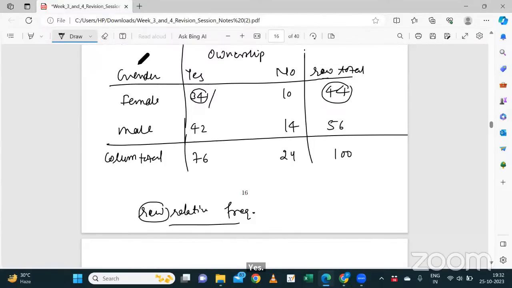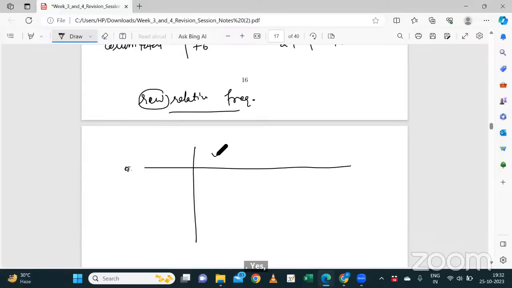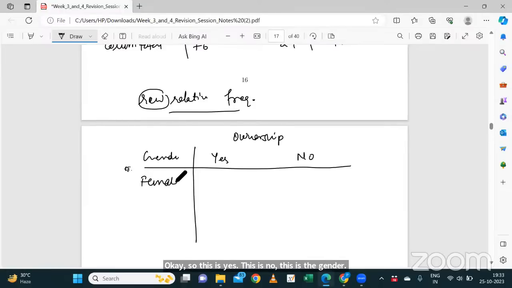So let me draw another table for the same. This is yes, this is no; this is the gender, this is the ownership of phone, with the female category and the male category.